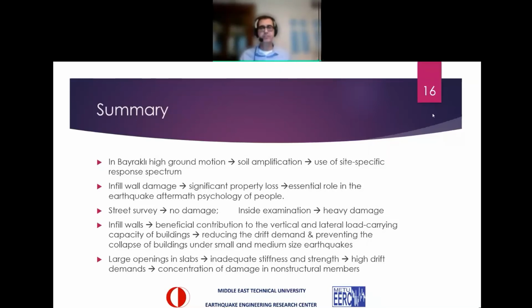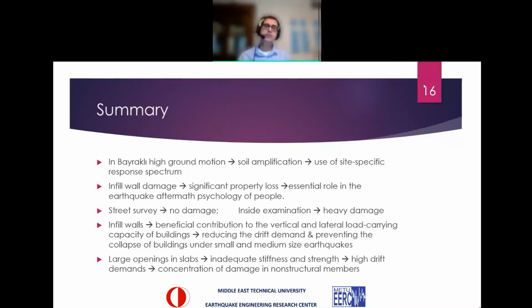And maybe we should use a site-specific response spectrum for such places. First, you have to find such places, and you shouldn't just follow the regular code, and we have to use site-specific response spectrum.